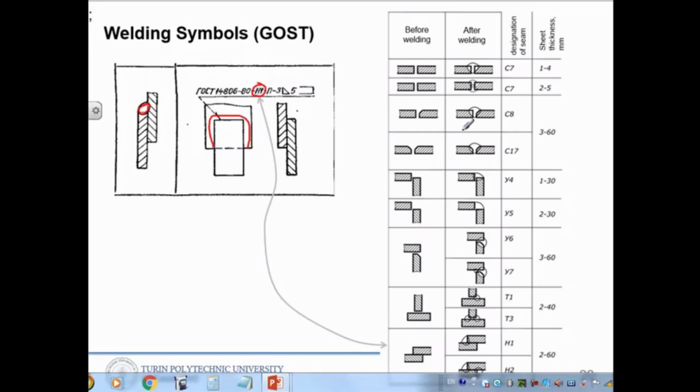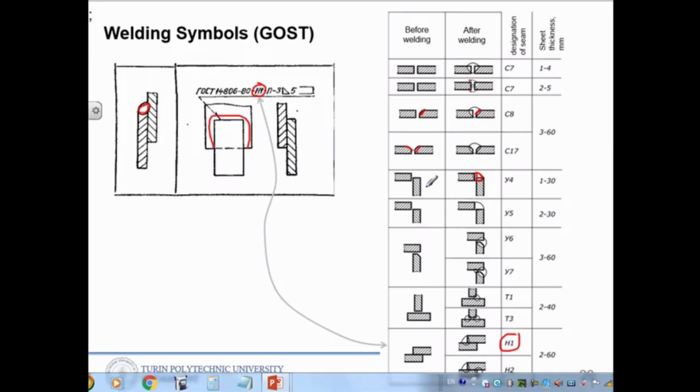Here is the upper side welding, two-side welding, and one plate has a section like this, and the plates are made this way, and that's the fillet weld again.